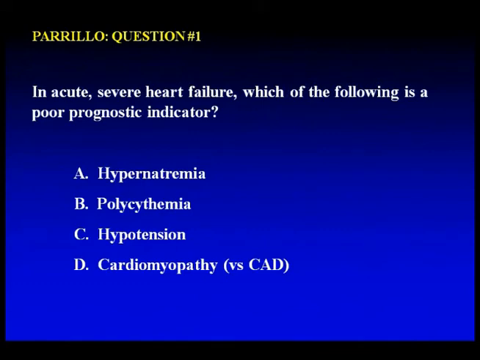The increase in systemic vascular resistance causes an increase in afterload, and the increase in afterload causes more impairment of LV function, and so you get an algorithm here that leads to more and more LV dysfunction.